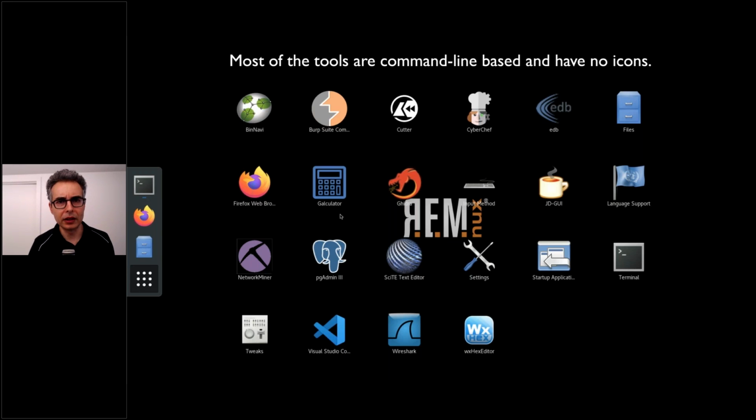These include crowd favorites like PuTTY and Ghidra and CyberChef. We also have NetworkMiner and Wireshark. By the way, also, there is now Visual Studio Code Editor available, which is right now my favorite editor for text and scripts and code.